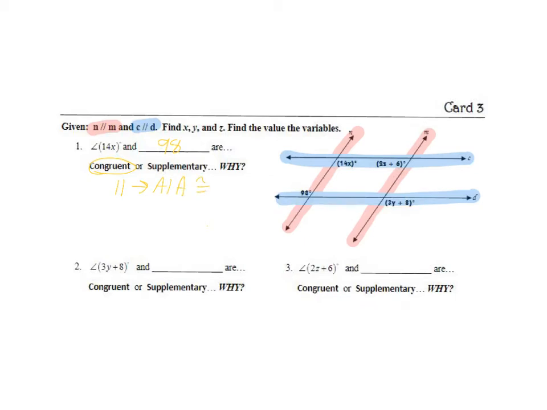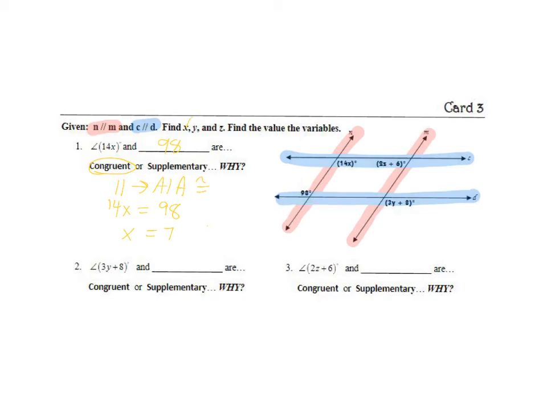Okay, so if we look at the blue lines being the parallel lines and the red line N being the transversal, you can see that they're alternate interior angles. And so therefore we can say that 14x is equal to 98 and therefore x is equal to 7. So we've got the first part done.